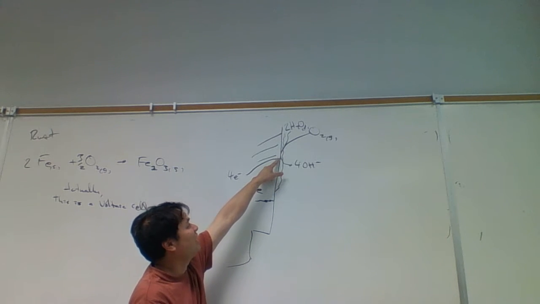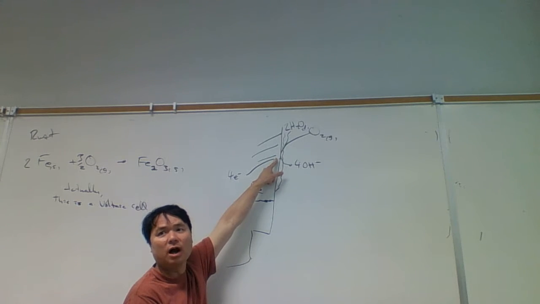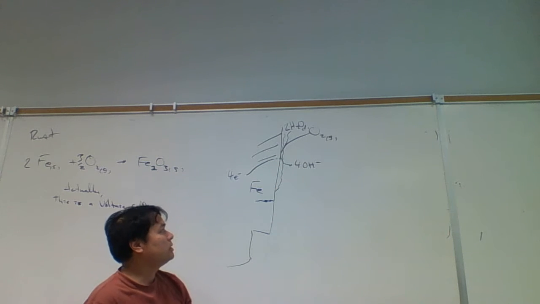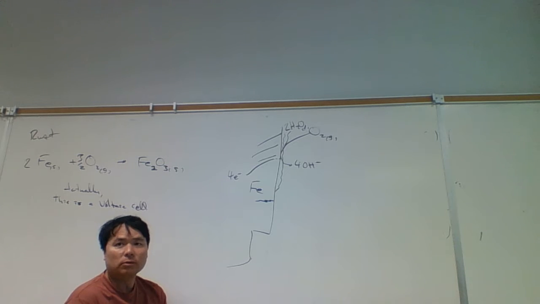So the oxygen might attack the iron here, and it'd be great, because if the iron were oxidized, we could just form iron(II) or iron(III) oxide. It'd be stable. But the situation is this: the oxygen is going to pull electrons off, but where are those electrons going to come from?